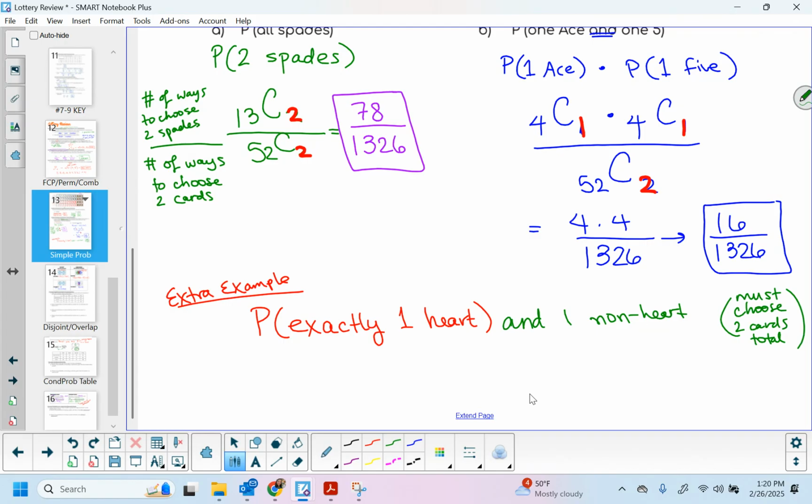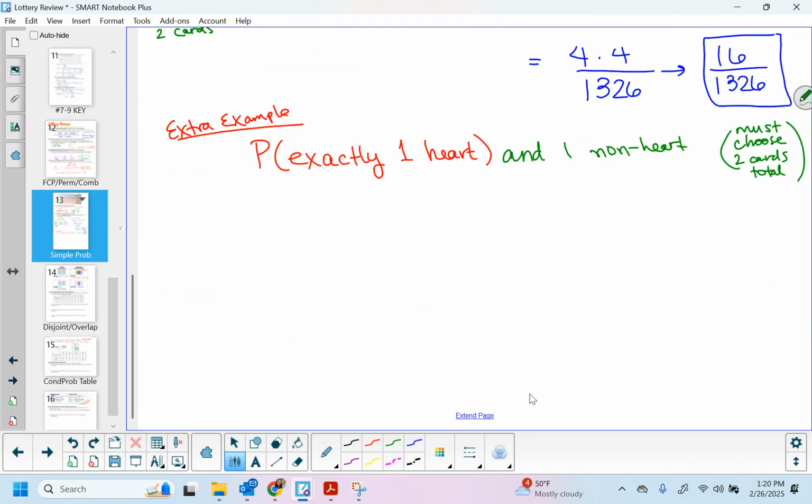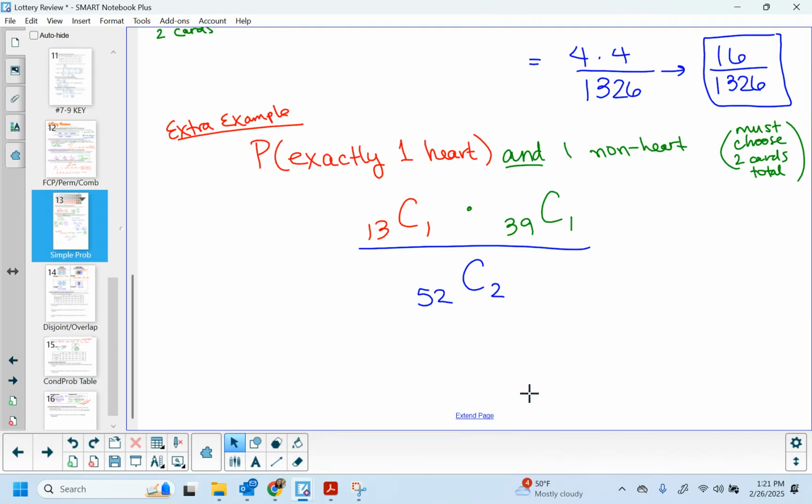So that would be the probability of choosing 1 heart. There's 13 hearts, and I would choose 1, times, because of and, the probability of choosing 1 that's not a heart, because there's 39 cards that are not hearts out of my total, which is 52 choose 2 because I'm choosing 2 cards total. So that's how you would do that sort of thing.